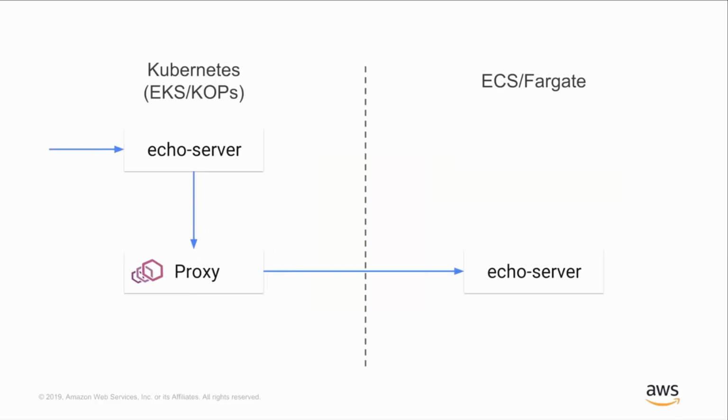So this looks an awful lot like the previous slide with EKS and ECS. Basically, this is what's going to happen in the demo. We're going to make a call into the Echo server, which will then forward on to another Echo server running in ECS, and that will respond with a 200, hopefully.